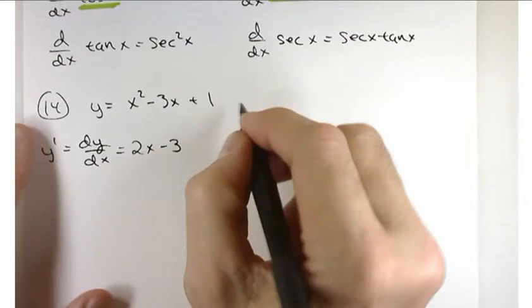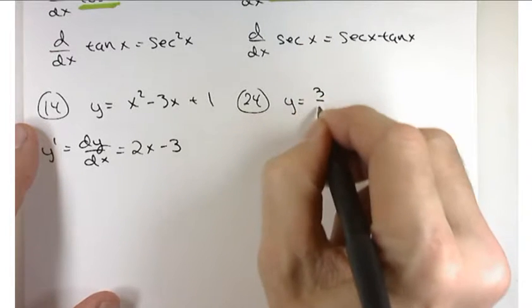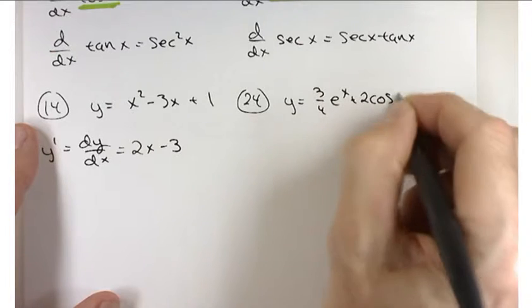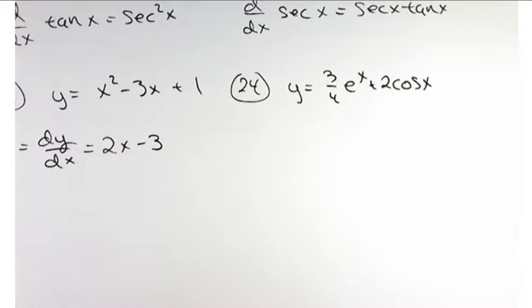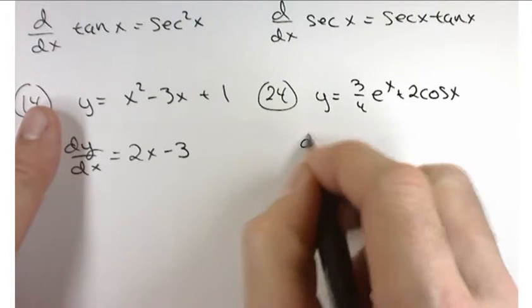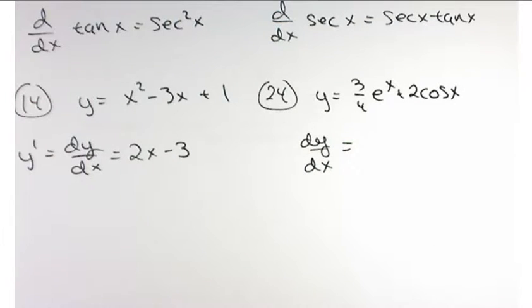Let's try one like number 24. y equals 3/4 e to the x plus 2 cosine of x. So same thing. This time we want to calculate the derivative just like the last one. What's the derivative going to be for this one?